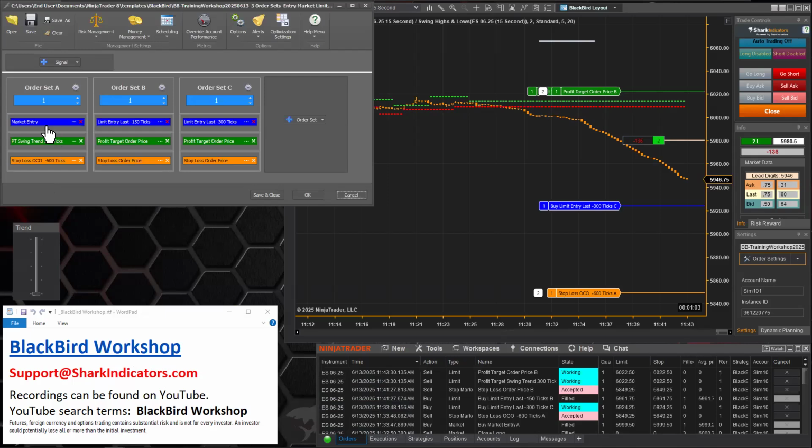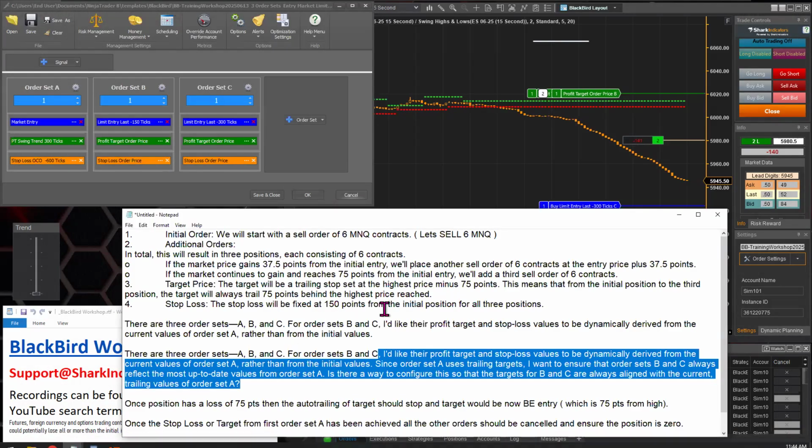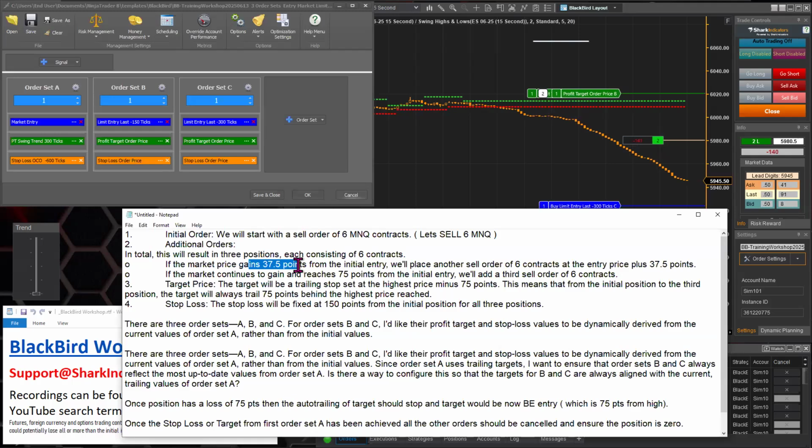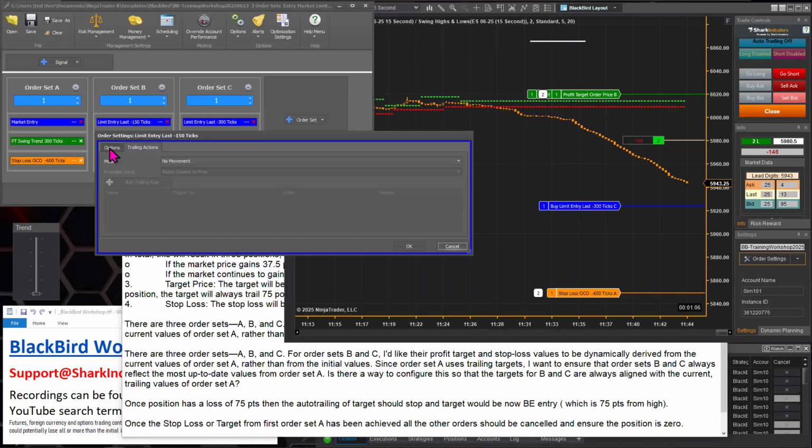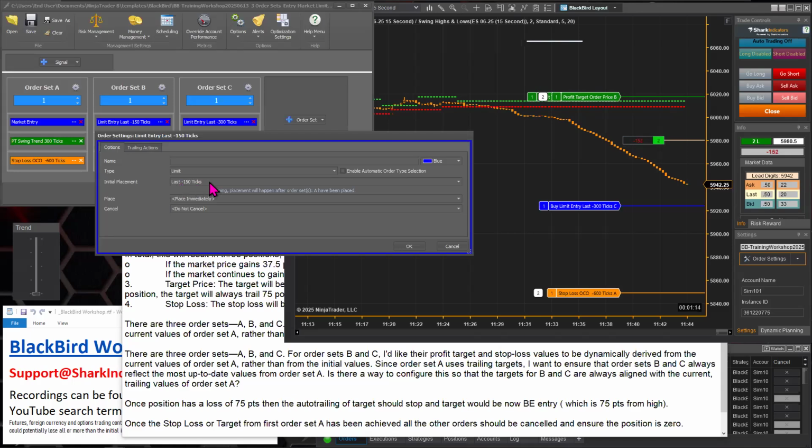The best that we can do right now to get our scale in entries exactly this 37.5 points offset, and then the next one 75 points from the initial entry price, let's go to the options tab, is we are using the last price. So that's as close as we're going to get it.